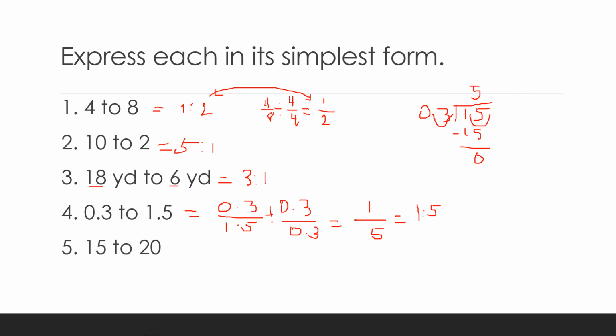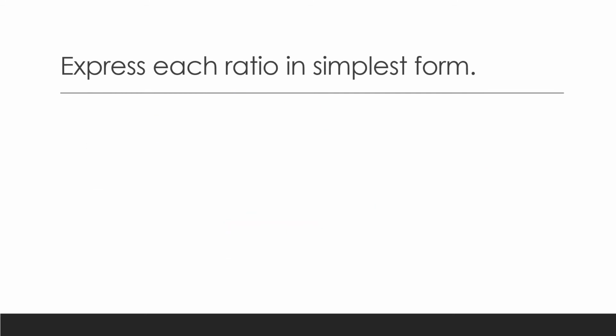Next, 15 to 20. Of course, the GCF here is 5. Now, 15 divided by 5 is 3, and 20 divided by 5 is 4. Therefore, the simplest ratio is 3 is to 4. Get it? Next, express the ratio in simplest form again: 75 to 35. The GCF is 5.